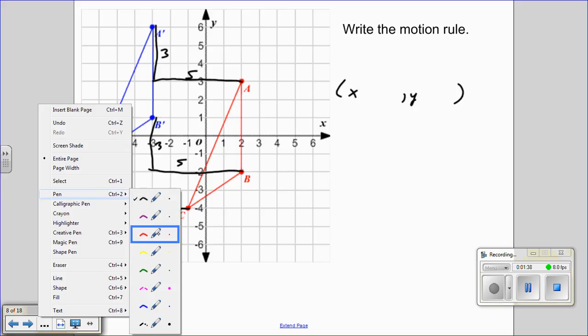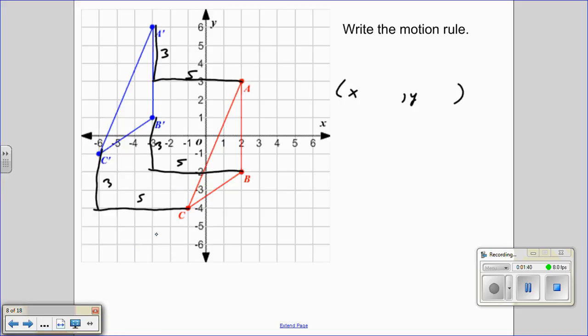To show a decrease, we need to use subtraction, so my X is subtracted by 5. For my Y values, since I went up, that's an increase. So my Y values increased by 3, so I add. That's one way to write the motion rule.